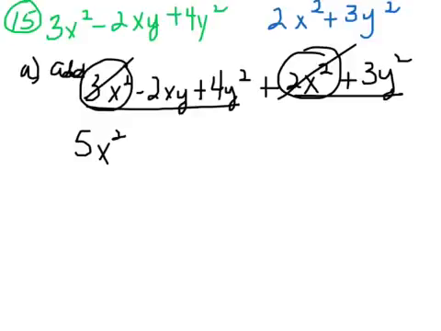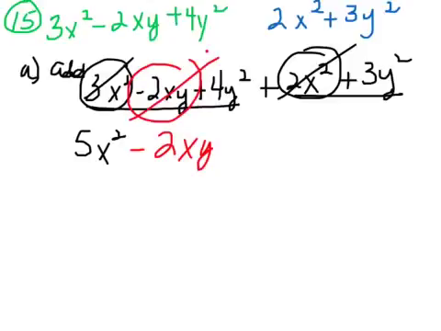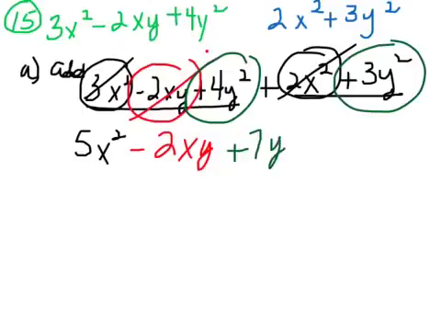We listed some things differently up in number 7, and here they're going to do it a little bit differently. Just don't be too concerned about it. I've got one xy term, so let me put it next, minus 2xy. Okay, took care of it, so now let me pick another color. Now I have 4y squared plus 3y squared, that's 7y squared. That's what I get when I add them.